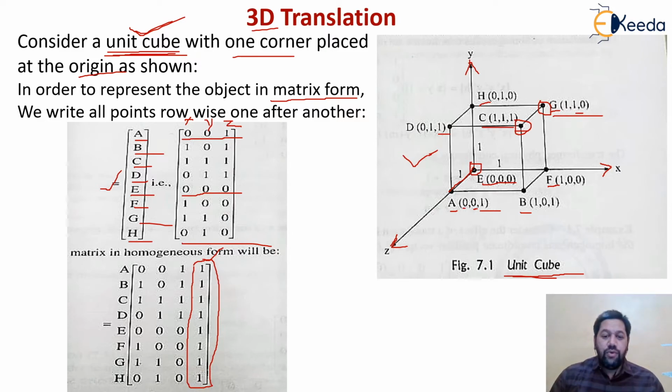So after understanding how the object is represented in 3D, now I want to go for translation of this object. I can translate this object in the X direction. Yes, I want to shift this object into the X direction.